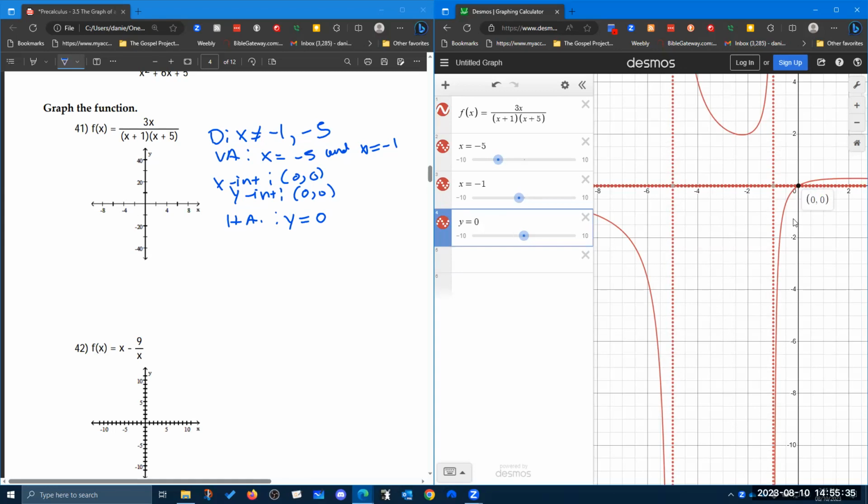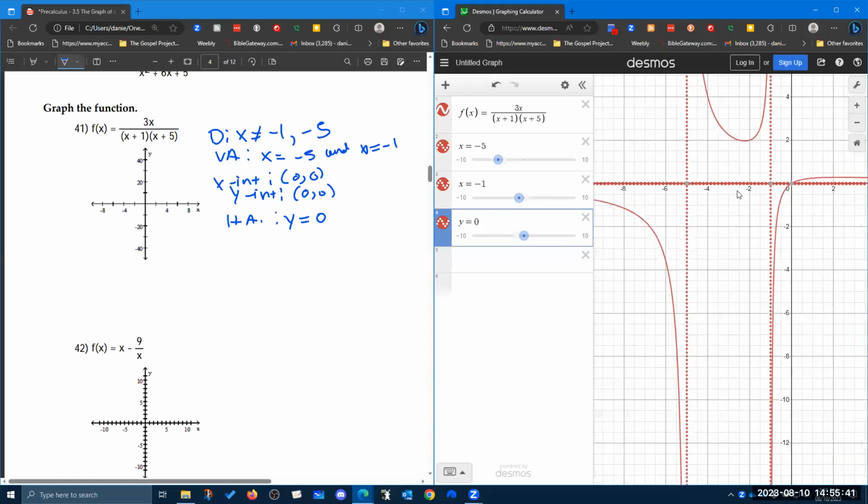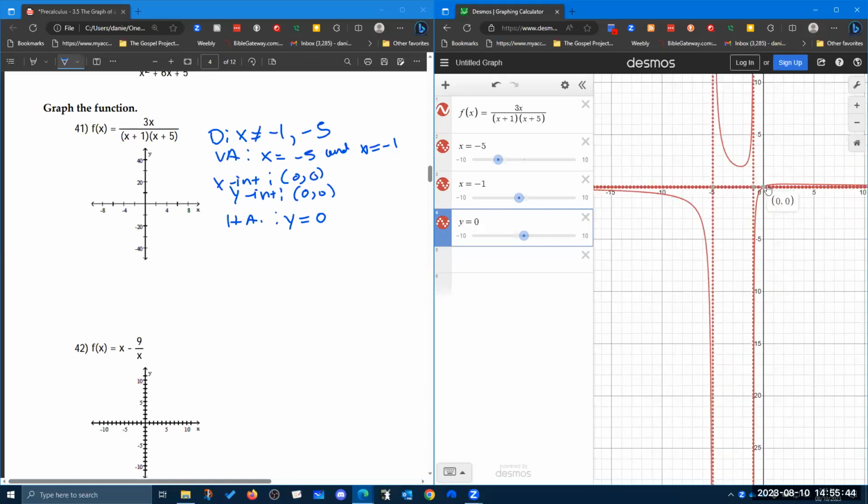We've got our domain. We could figure out our range. It's a little hard to figure out here because we're not going to have any numbers between this number and this number. But you could figure that out, round it to a couple decimal places and give your range.